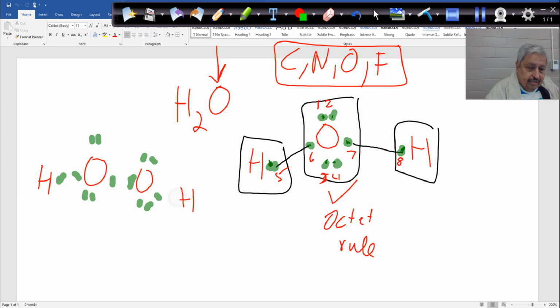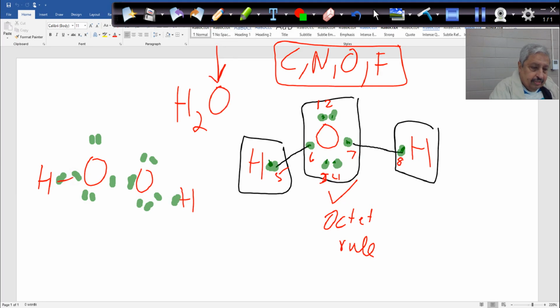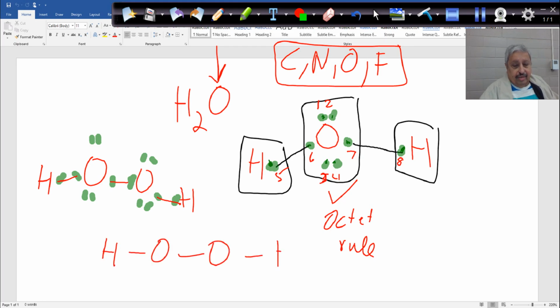The covalent bonds: here is a covalent bond, here is a covalent bond, and here is a covalent bond. So this one will look like H, O, O, H. Okay, guys, and oxygen obeys the octet rule. You can determine each oxygen has 8. We'll come back. We'll take the complex one, the one we have written. So I'm ending the lecture here.